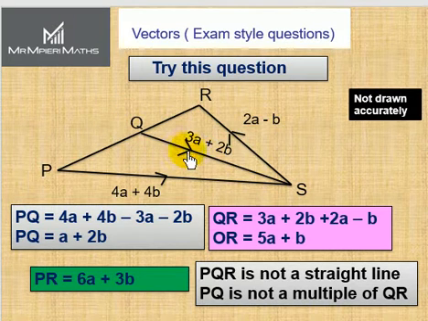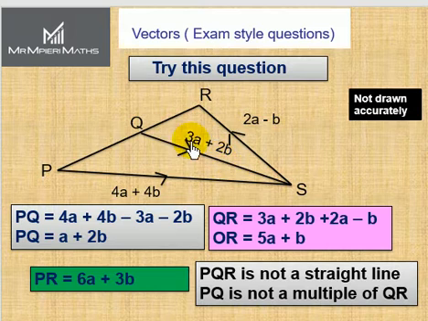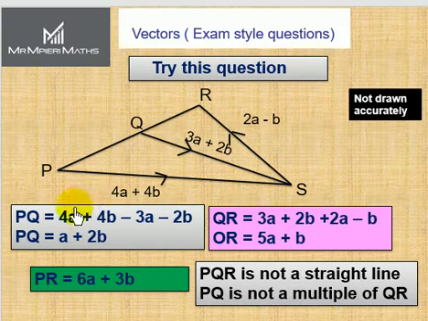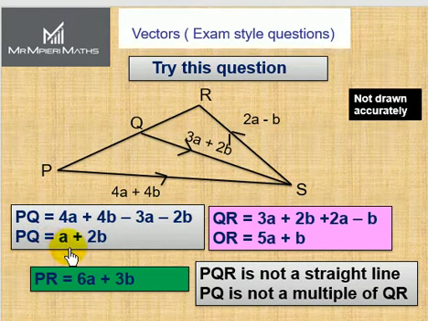Again, mind the direction, because we're reversing, so SQ has to be minus 3a minus 2b. So we have 4a plus 4b minus 3a minus 2b. Tidy this up: 4a minus 3a gives you a, 4b minus 2b gives you plus 2b. So PQ is a plus 2b.